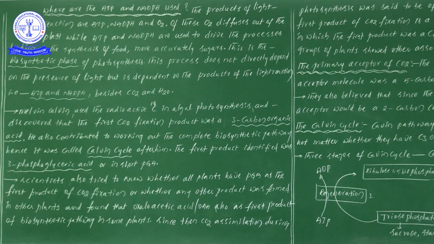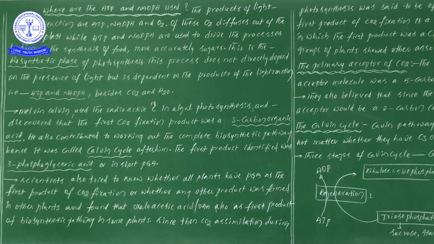At the time, when they were performing the experiments, they found through photosynthesis the formation of 3-phosphoglyceric acid. But again they got a doubt: whether this phosphoglyceric acid is there in all plants, or whether in some other plants some other kind of products are formed.